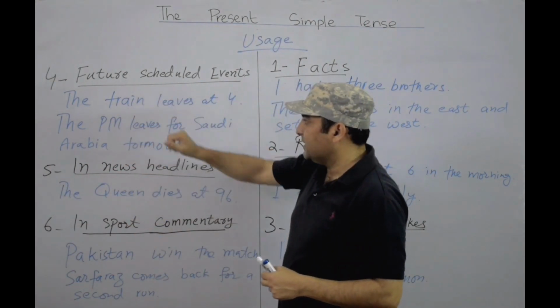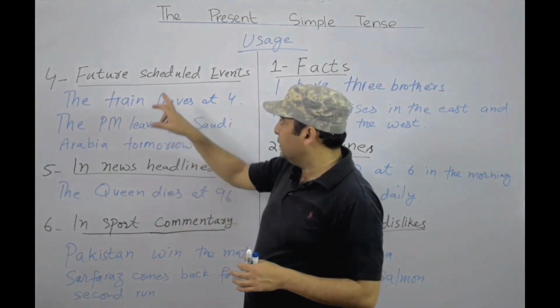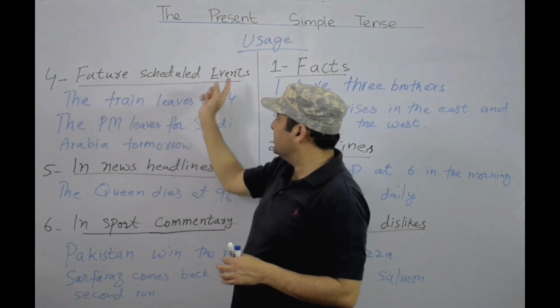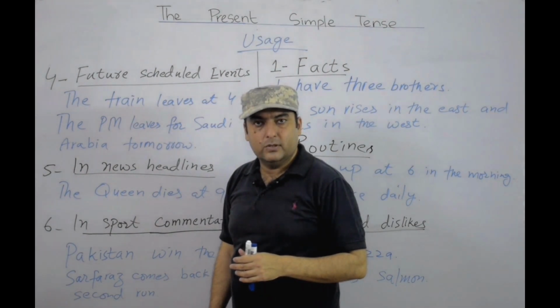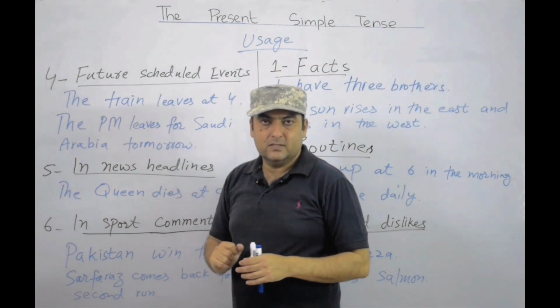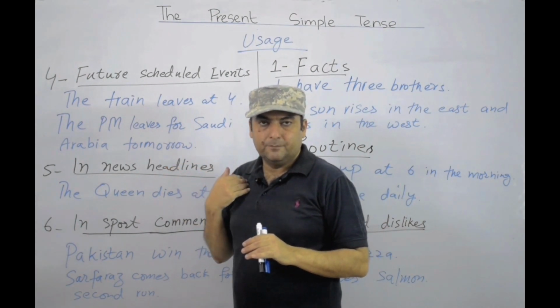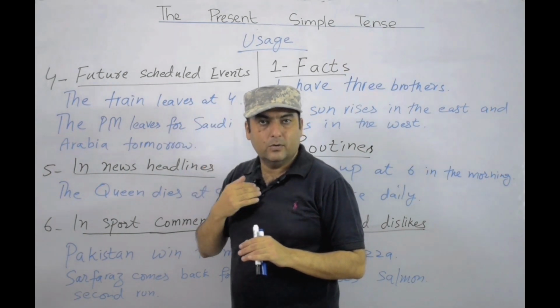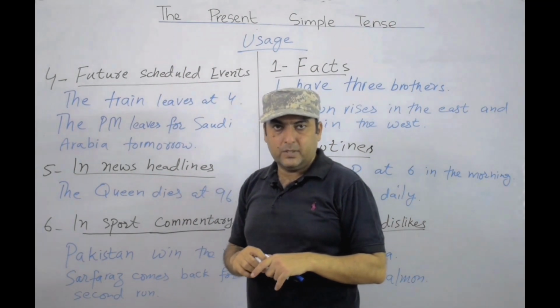So the fourth is we use this tense to talk about future events. Yes, we can use the present simple tense to also talk about future events, but not every future event. For example, it would be wrong to say, oh, I go to school tomorrow, I go to see my friend after 3 weeks.